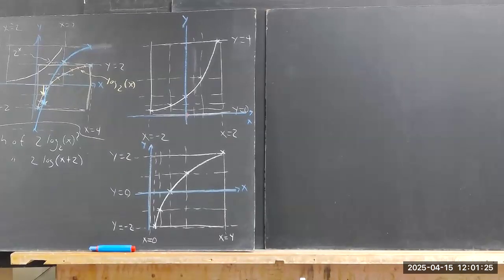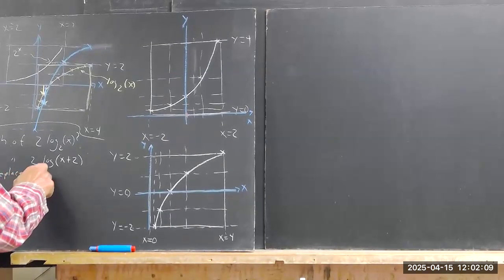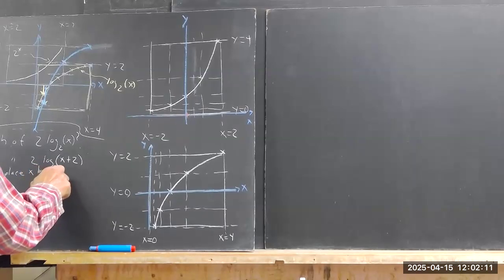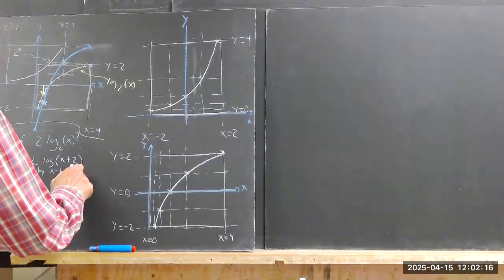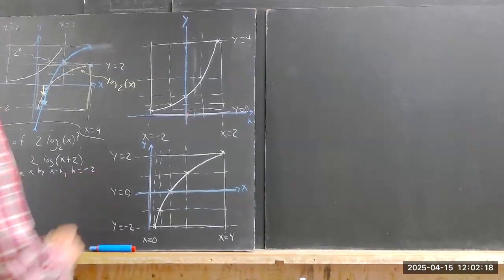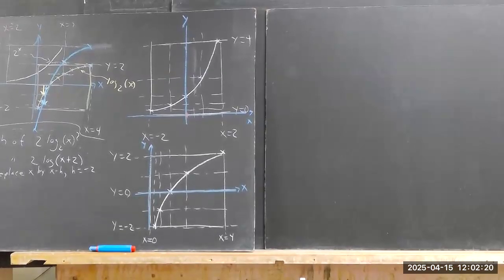How does that change compared to the graph of y equals 2 log x? Okay, this shifts, replacing x by x minus h, where h equals -2. So that x minus -2 is x plus 2.